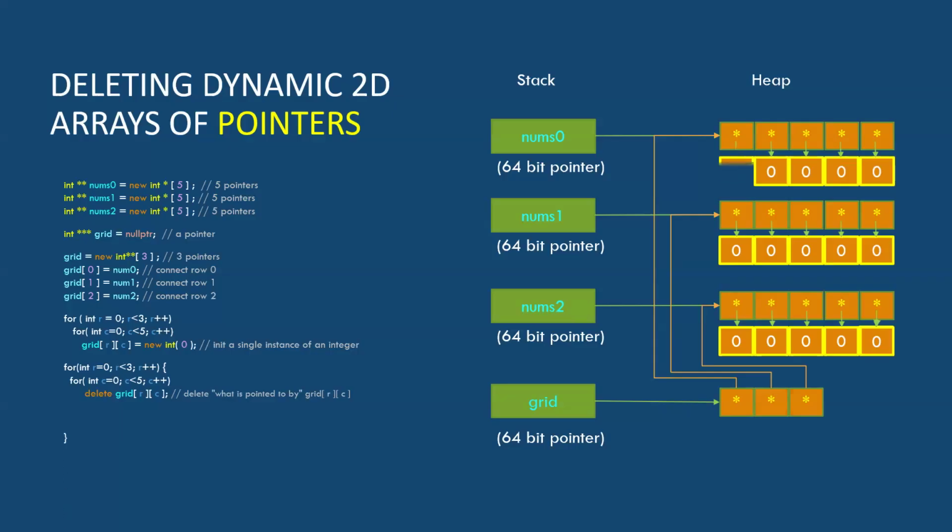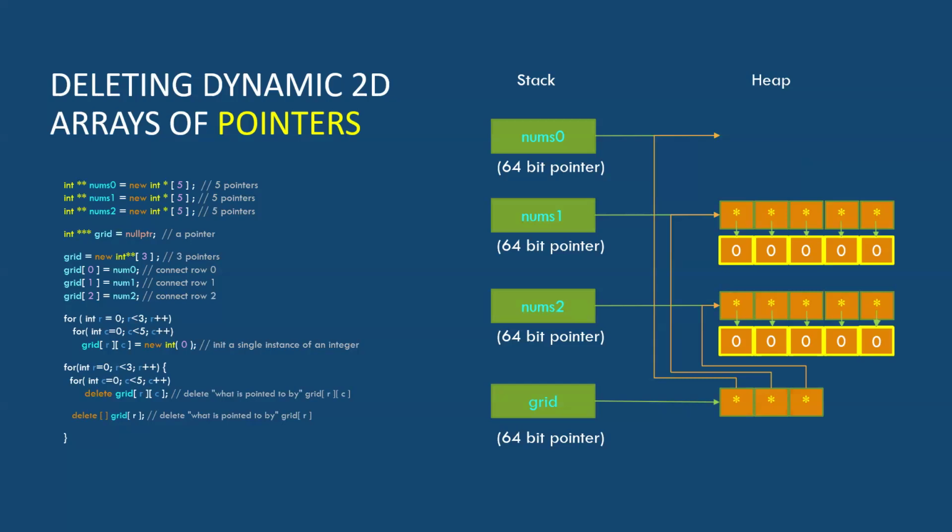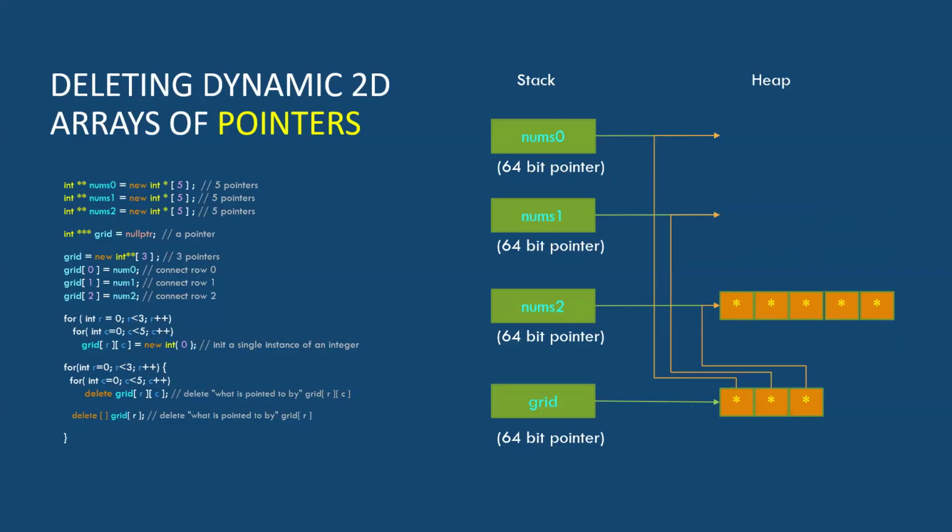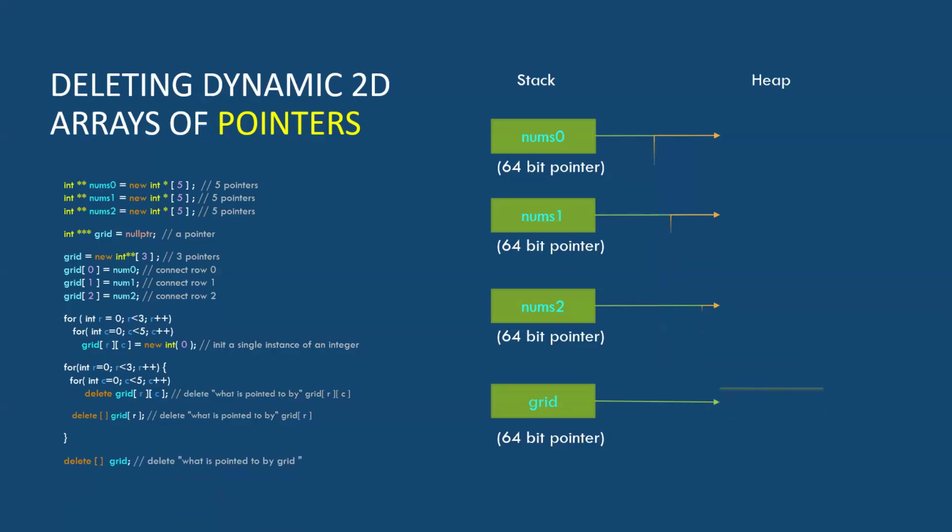I'm deleting the integers. Then I have to delete the row, which is an array. That's still inside of the outer for loop. So I'm going to do that for everything. And finally, I delete what the grid points to and nullify. So that's pretty much what you got to do in homework 5 for your destructor.